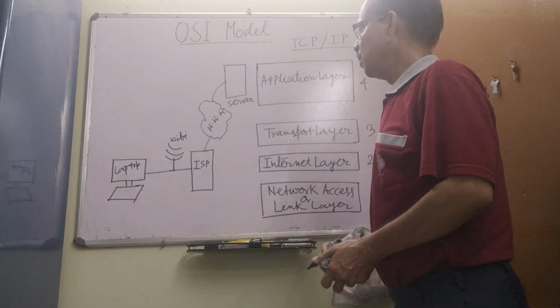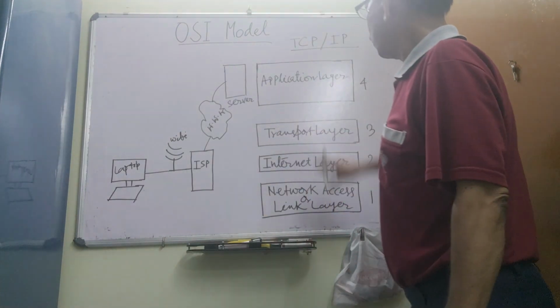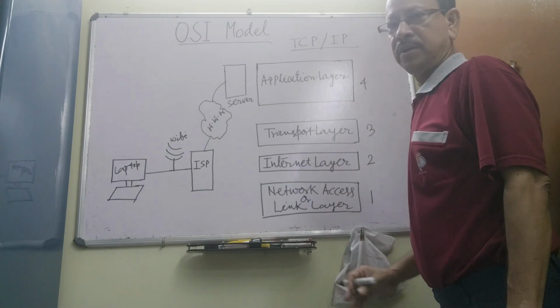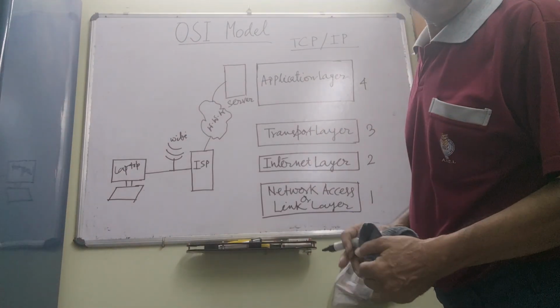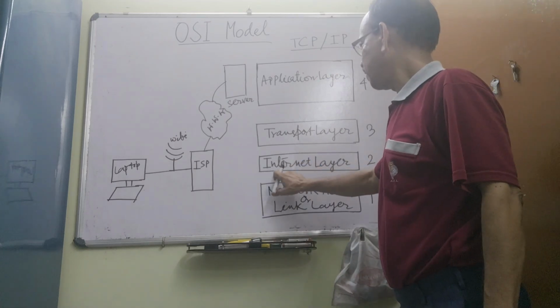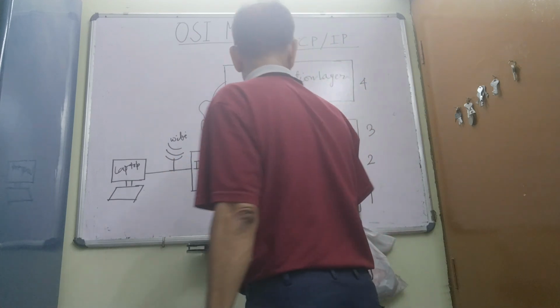So first of all, what is the responsibility of each layer? First is the internet layer. When you connect, there is an IP address.